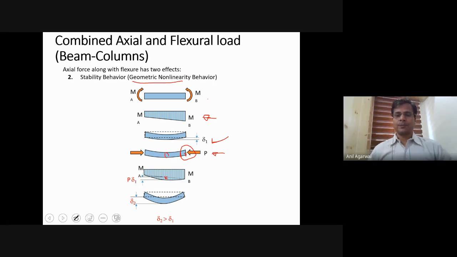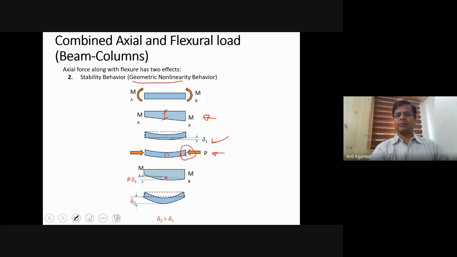What is the net moment? Earlier the moment was the average of MA and MB or something in between, because the point of maximum deflection will not necessarily be right at midspan. So wherever that is, this moment will be something in between MA and MB, linearly varying.